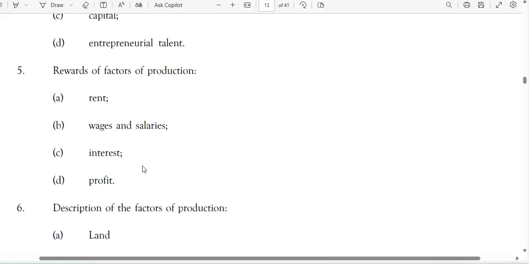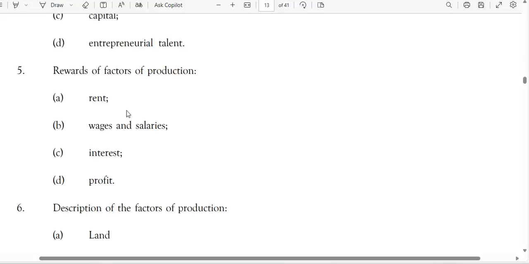These rewards are, and we are going according to the syllabus: A, rent, land or rent. Definition: rent is the payment made for the use of land or other natural resources. It is the reward received by the owner of land or any natural resource when it is used in the production of goods and services.